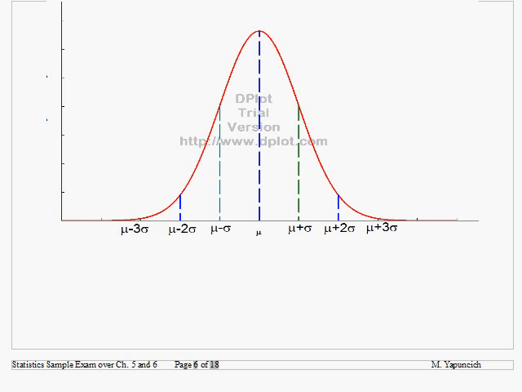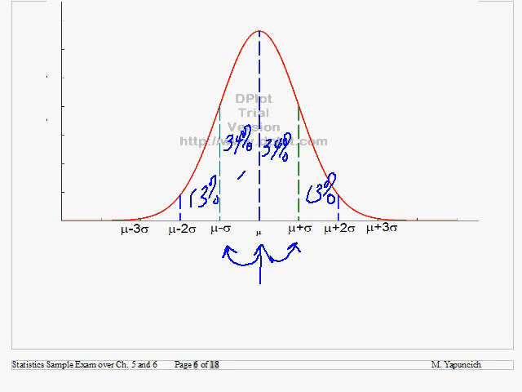Here's an example. Here's your mean, also the median and the mode, and then the standard deviation. Moving up, taking the mean and adding a standard deviation and subtracting a standard deviation. Now look at the areas here. This area is 34% of the area under the curve. This is your 13% one, and it's also symmetric. Here's 13% over here.